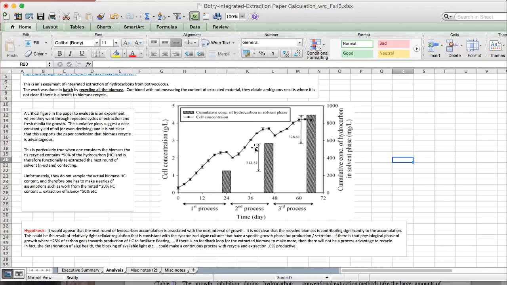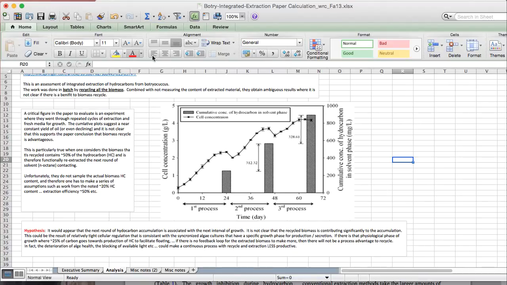And if they're not going to replace it, it makes no sense to leave them in the reactor at all. And it kind of makes sense because in this particular algae, the hydrocarbons are on the outside. And if they're on the outside, then why would there be any feedback regulation into the metabolic pathways?